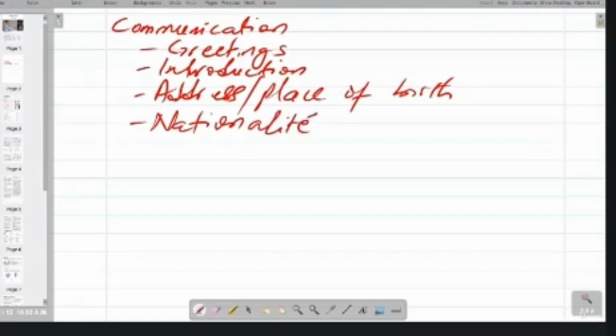Nationalité in French. Let's write this one in French. You should be able to talk about the languages you speak. So you talk about your languages.